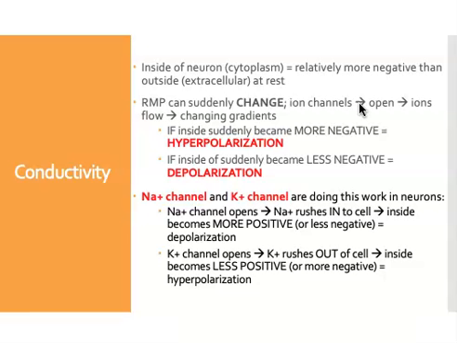And they're going to do so rapidly and until either the channel closes or equilibrium is reached. So it's the changing concentrations of ions as they pass through these ion channels that will change the relative membrane potential, moving it away from that minus 60 resting state.